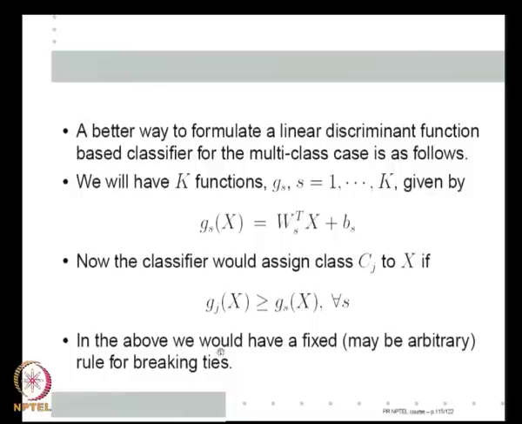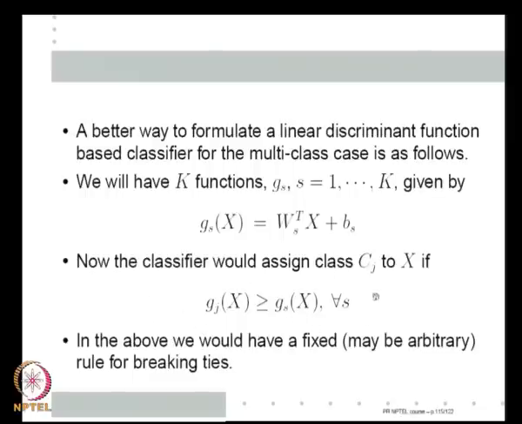But once we come this far, we can have a very simple and arbitrary rule for breaking ties. For example, I can say that if the maximum is attained at more than one j, then I will put it in the least j. So, if g_1 of x and g_2 of x are the two maximum function values for x, then I will put it in 1, right. So, I can have any arbitrary but fixed rule for breaking ties, so that it becomes a proper function.